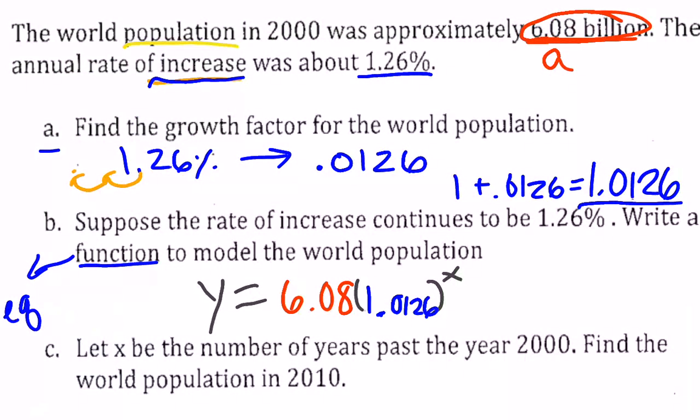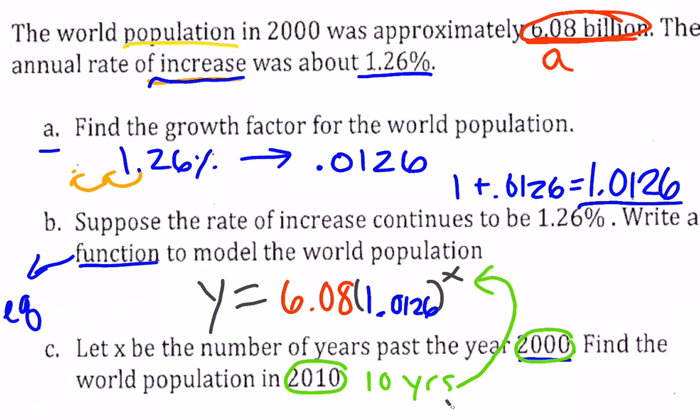Now let's see what type of question they will actually ask. Let x be the number of years past the year 2000. Find the world population in 2010. So think, how long has passed from 2000 to 2010? 10 years. So that's asking me to plug in 10 for x.